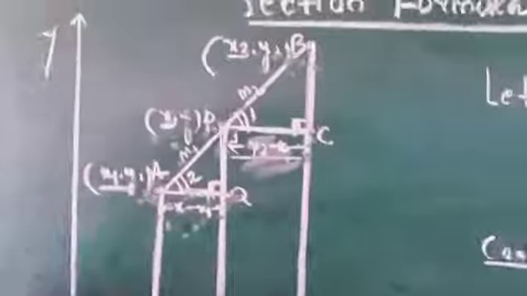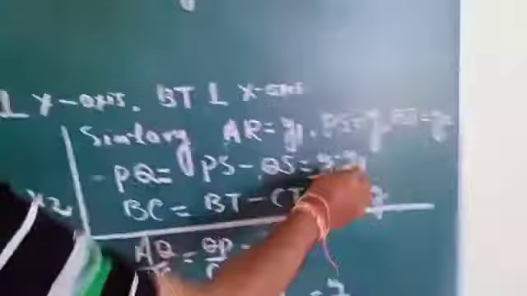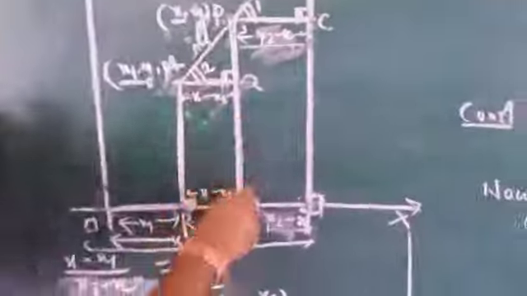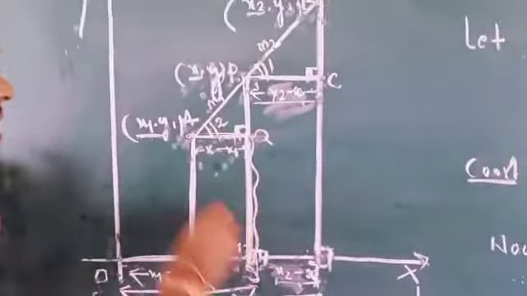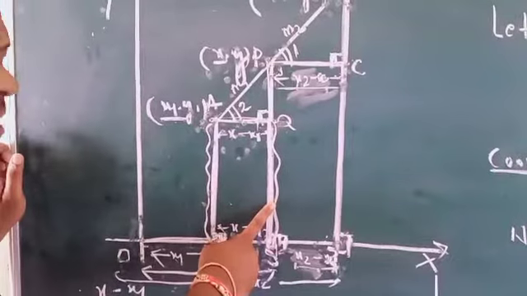Understood? So what are PS and QS? PS is equal to y because this coordinate is y. So in place of PS I have written y minus QS. QS and AR are the same, because they are opposite sides of a rectangle.